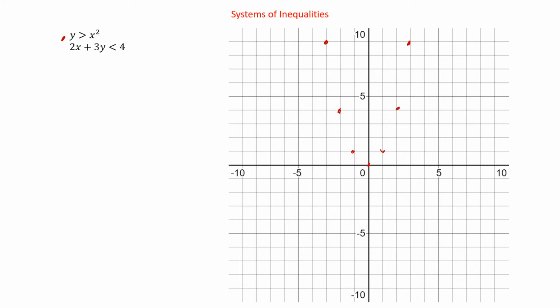It's going to be a dotted line. And then greater, so if we plugged in 0, 5, 5 is greater than or equal to 0. That works. So we're going to shade.